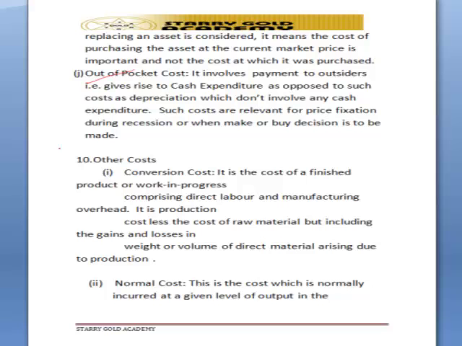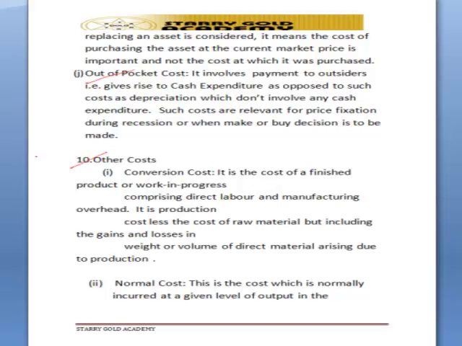So lastly, we'll look at other costs. We have what we call the conversion cost. Here conversion cost is the cost of a finished product or work in progress. So it comprises direct labor and manufacturing overhead.